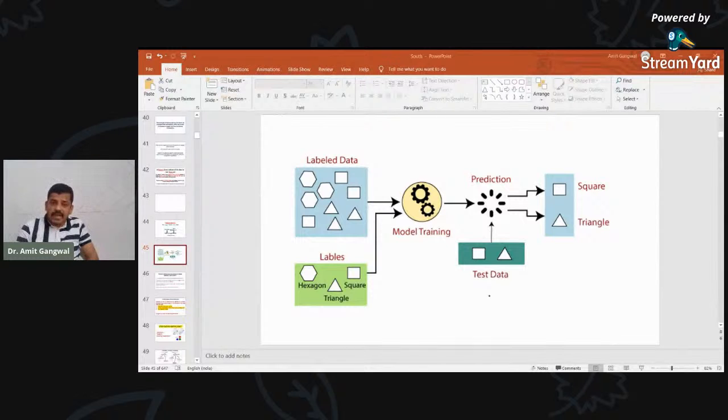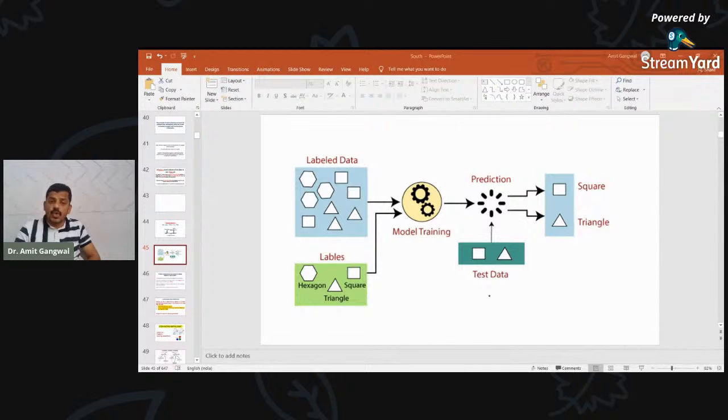So to the machine learning model, you are giving labeled data, that is the shape, and the name of the shape is also there. So it is called labeled data. If you are giving only shapes and not their name or output or label, it will be called unlabeled data, which is the usual phenomenon when we talk about unsupervised machine learning model.